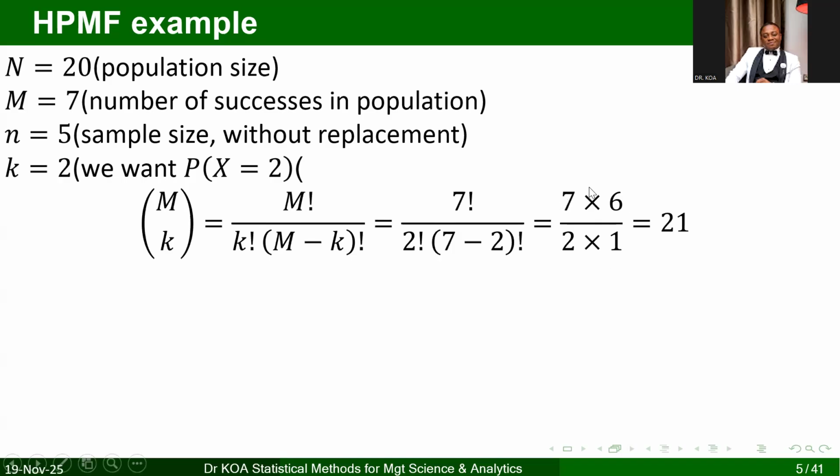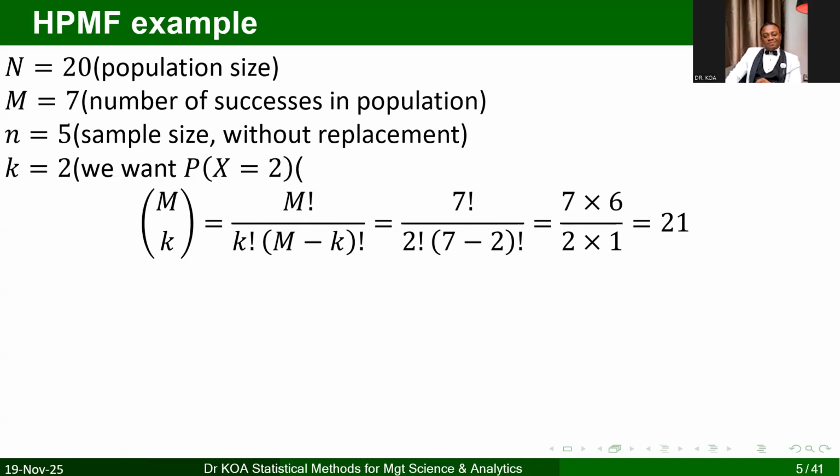Now, why do you think I just wrote 7 times 6 and then 2 times 1? Because technically that is not a full factorial. It cancels out with the numerator. Look, we have 2 factorial and 5 factorial in the denominator. What exactly cancels?